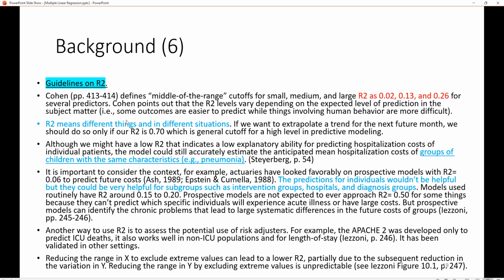But r-square means different things in different situations. If we want to use something to predict out into the future, maybe for an individual patient's results, we'd want to have something more along the range of 0.70.